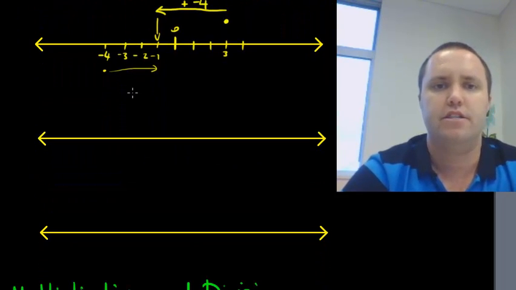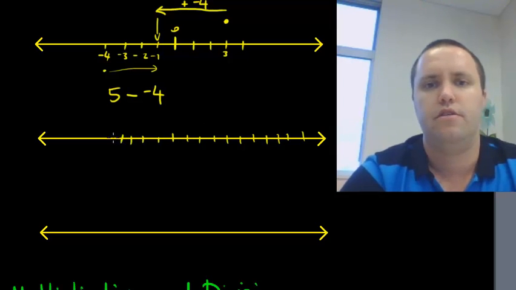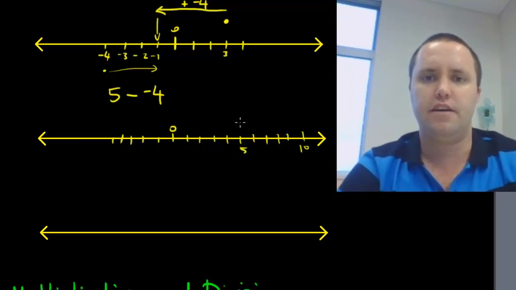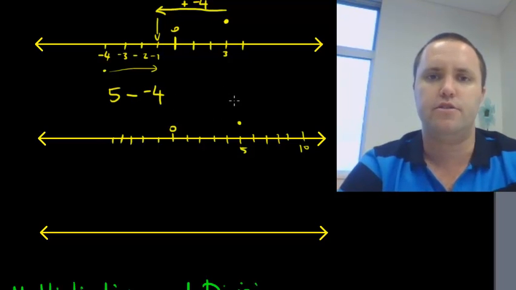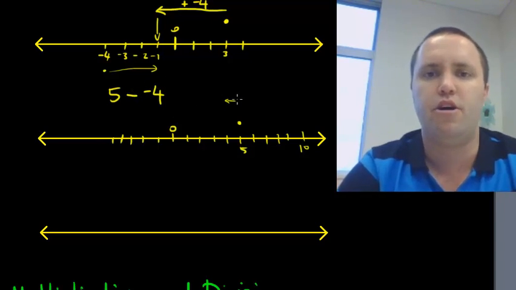Right, the subtraction is where some of you could get a little unstuck. So let's just go 5, take negative 4. Right, so we're starting at 5 and we're taking, which you usually go this way, but because we're taking a negative number, you do the opposite operation.